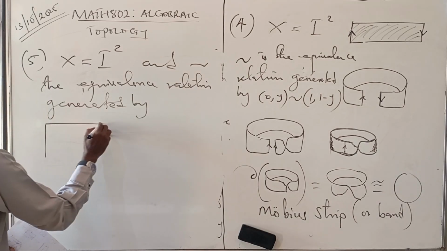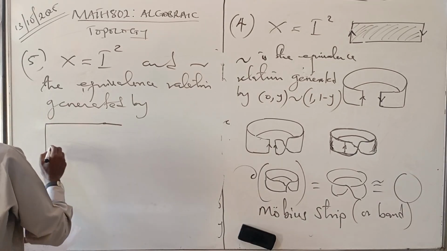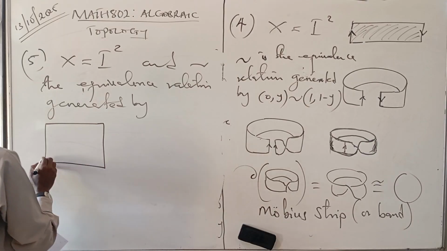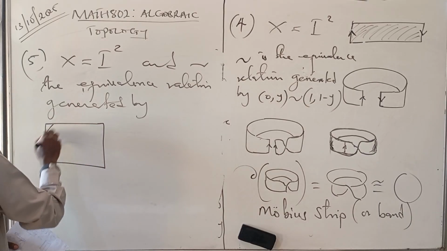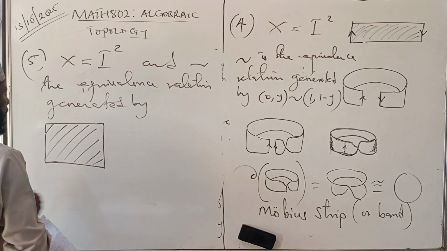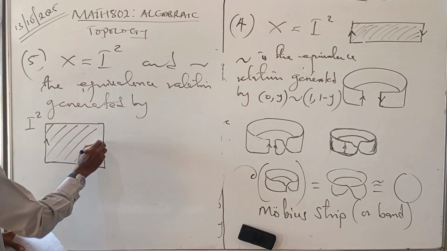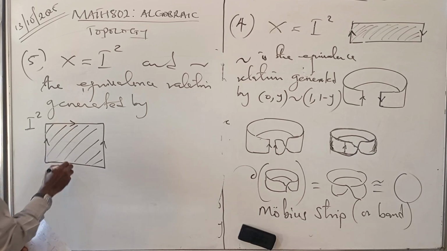So we have this object, our I square, and we want to identify this with this and that with this.